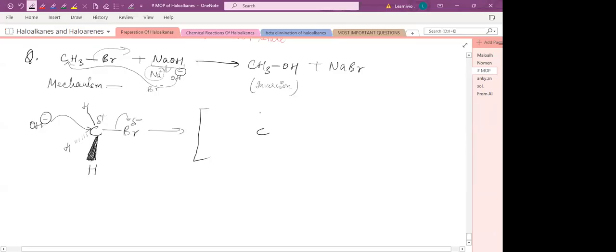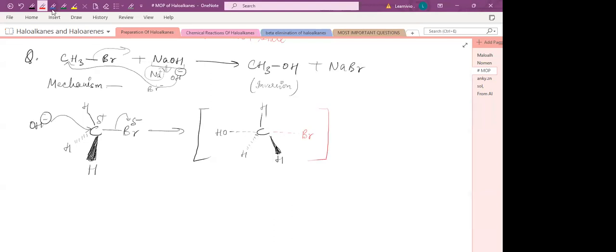The transition state has one hydrogen over here, hydrogen, hydrogen, and this is the new bond which is formed with the OH, and I'm just showing the old bond, the bond which we have to break, here. You can see this will have a partial negative charge.